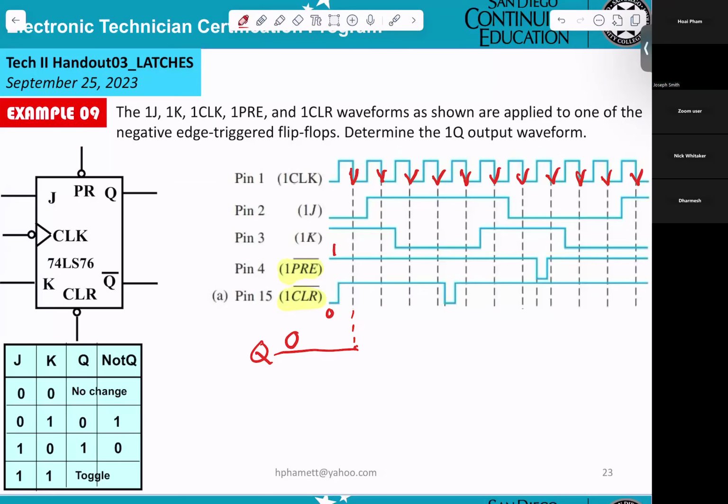So when the clock goes high to low, you look at pins J and K. J is 0, K is 1, so Q will be 0.